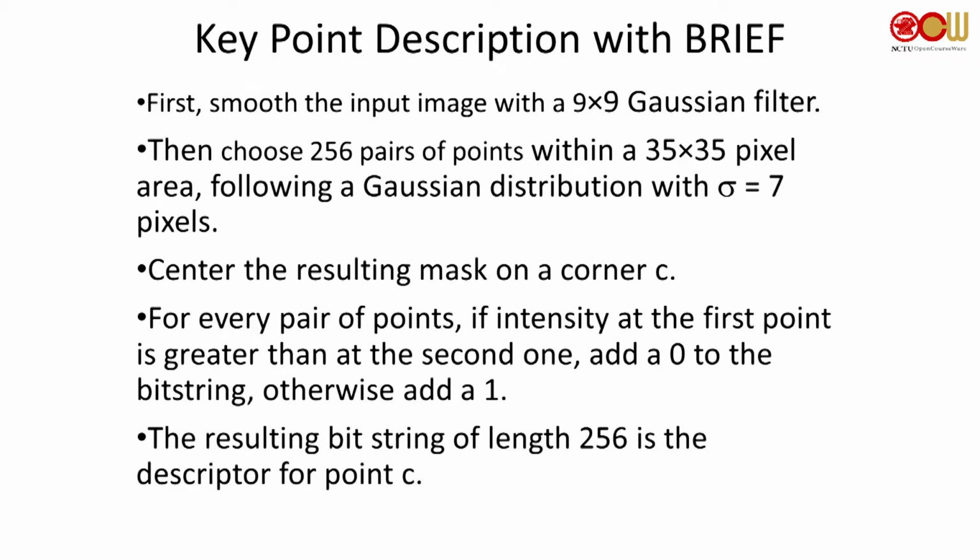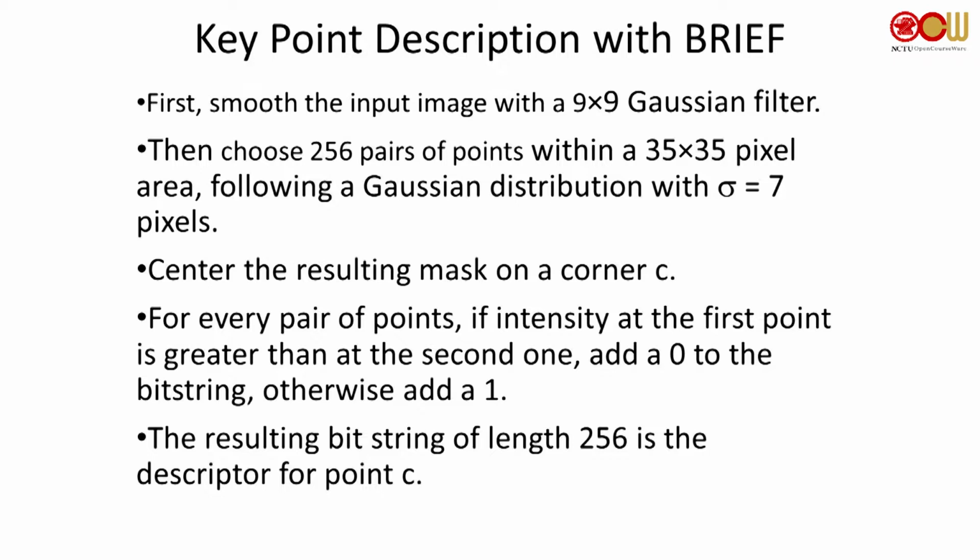So here is how it works. First, smooth the input image with a 9x9 Gaussian filter. This is something similar to the tag, right? And then we choose 256 pairs of points within a 35 by 35 pixel area, following a Gaussian distribution with sigma equal to 7. Essentially, you want to find some pairs in this 35 by 35 patch according to the Gaussian distribution.